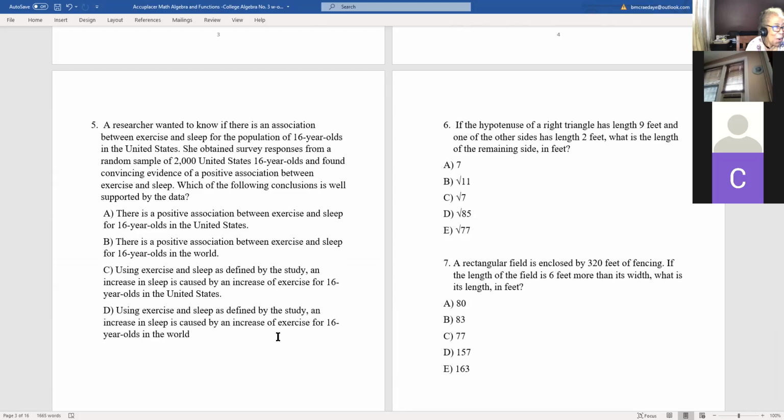All right, I'm giving you a couple of minutes to read number 5 and tell me what the answer is. What conclusion would you get from the data that's provided? Number 5.